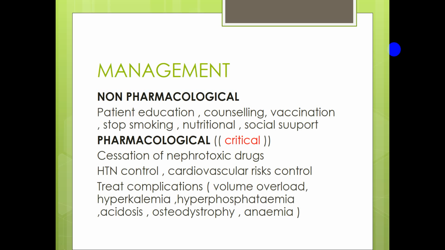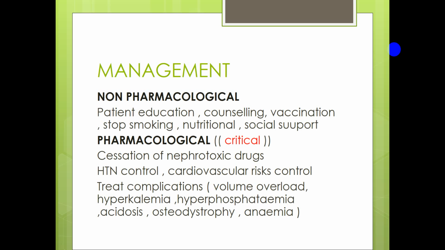and treat the complications. What are the complications in any patient with a problem in his kidneys? Volume overload, hyperkalemia, hyperphosphatemia, acidosis, osteodystrophy, and anemia. Again, the management: non-pharmacological and pharmacological. Non-pharmacological: patient education, counseling, vaccination, stop smoking, nutritional and social support.